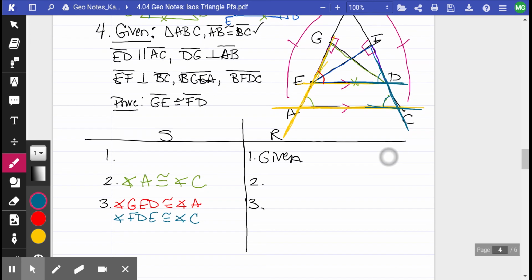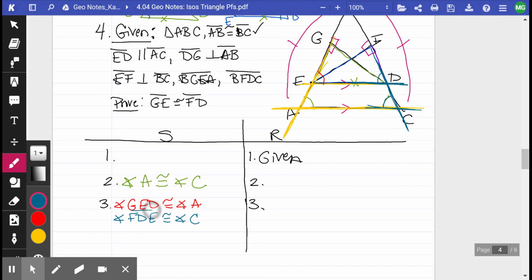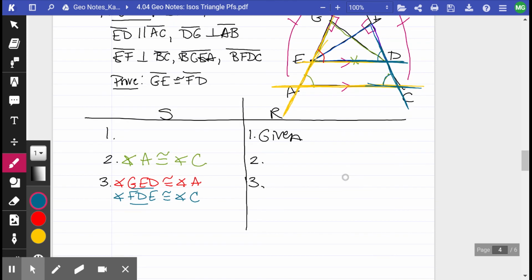So before I can do that, though, I need angle GED congruent to angle FDE. Well, just like we did in that other proof, you could take everywhere you see angle A and put angle GED. Everywhere I see an angle C, I could replace it with FDE. And the reason would just be substitution.